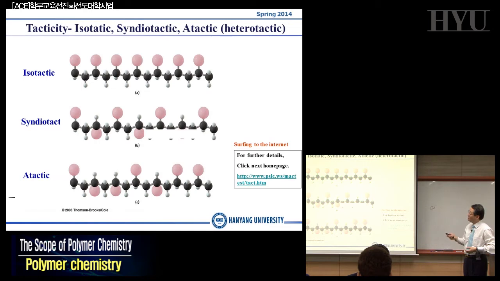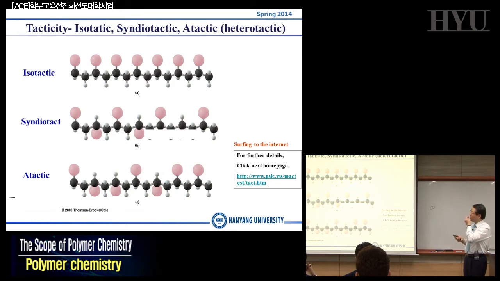But you have the substituent groups, which, in the case of styrene, is a benzene ring. In the case of vinyl chloride, you have a Cl, chlorine group. In the case of acrylonitrile, you have a CN group, as I mentioned to you last time.